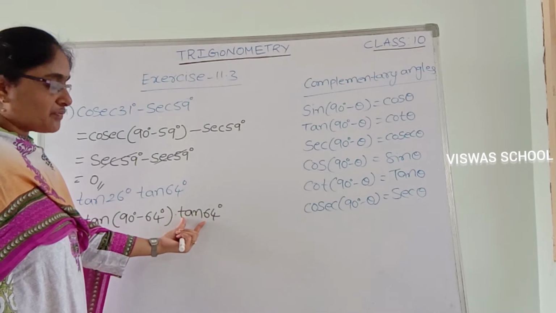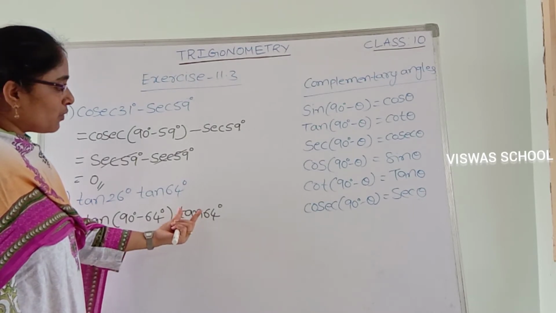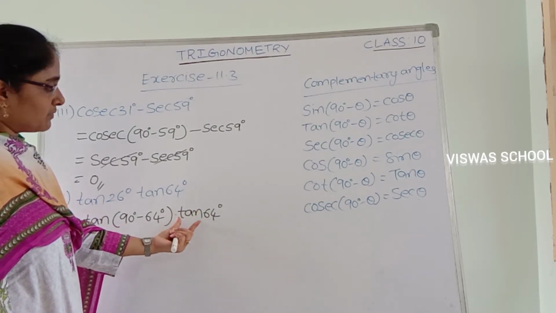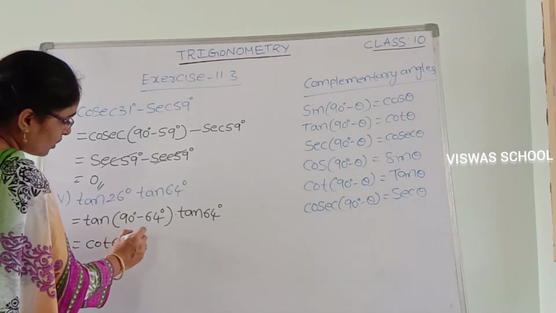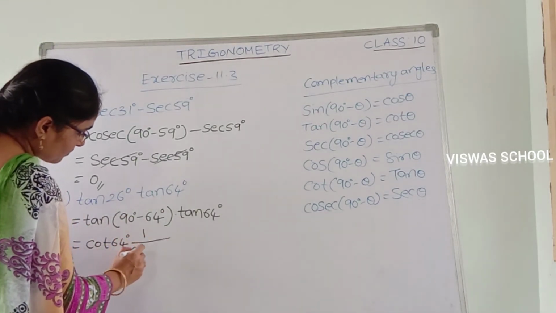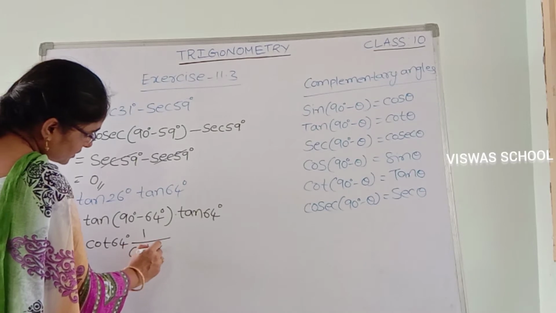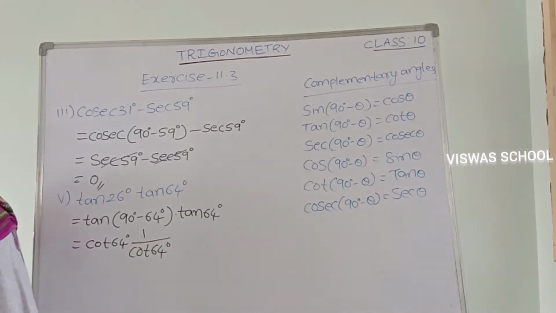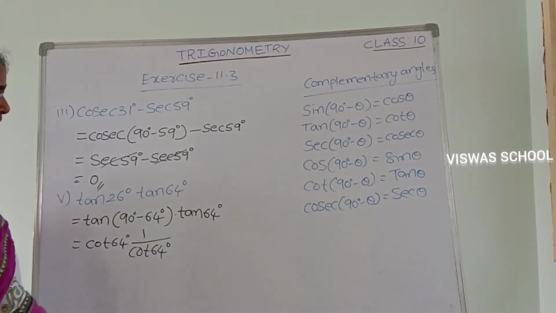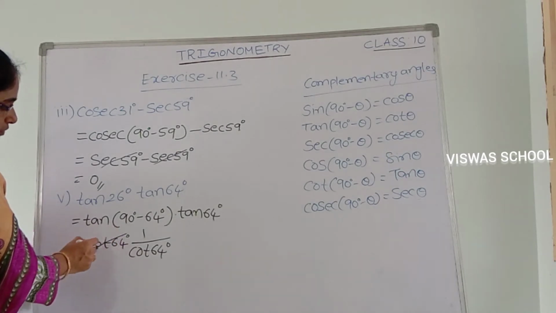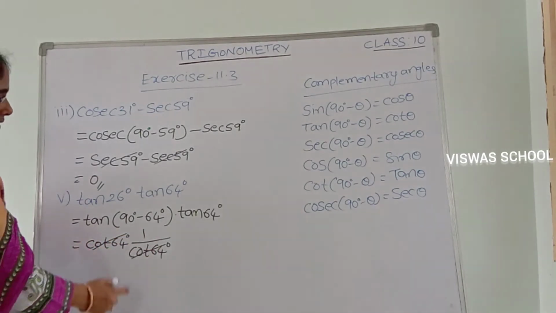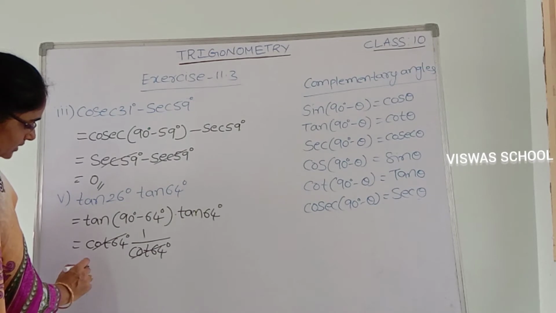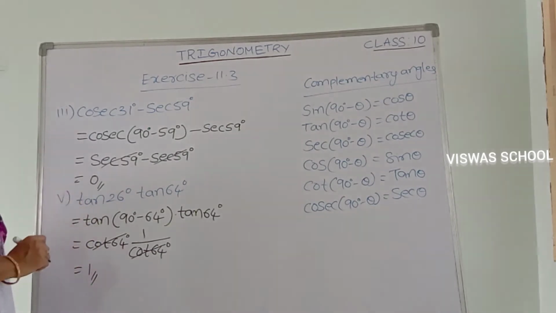Then tan 64 can be written as 1 by cot 64 degrees. Cot 64 and cot 64 get cancelled. Now the value is equal to 1.